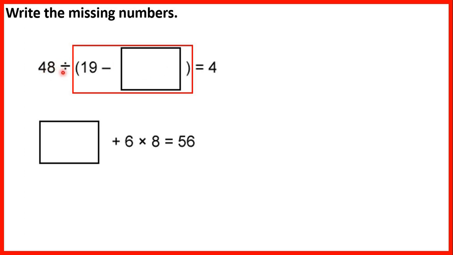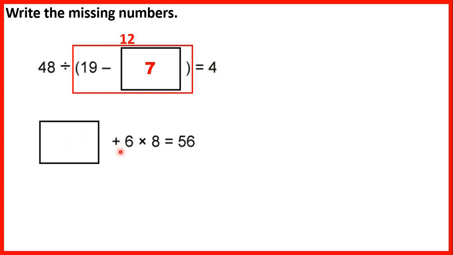So 48 divided by what's in the brackets is 4, and that means what's in the brackets must be 12, because 48 divided by 12 is 4, and we can work that out because 48 divided by 4 is 12. So we need to make what's in the brackets equal 12, and 19 minus 7 is 12, so this missing number here is 7. We do 19 minus 7 to get 12, and then divide 48 by 12 to get 4.